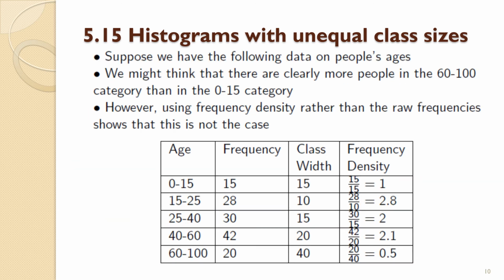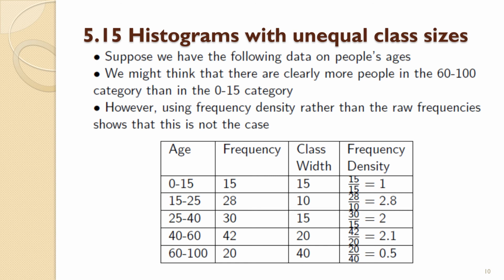Here's an example of frequency density with unequal class sizes. Suppose you've got the following data on people's ages. You might think there are relatively more people in the fairly extreme age group of 60 to 100 years than in the youngest group, if you just look at the frequency. You've got 15 people in this sample aged 0 to 15, and 20 people aged 60 to 100. If you scale by the different class widths, the frequency density of this larger 60 to 100 category is 0.5.